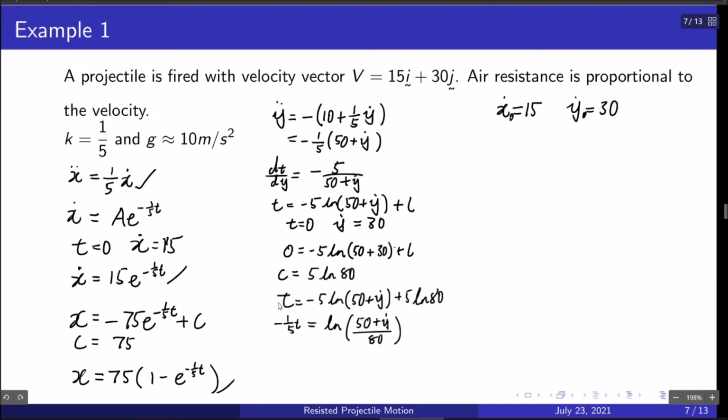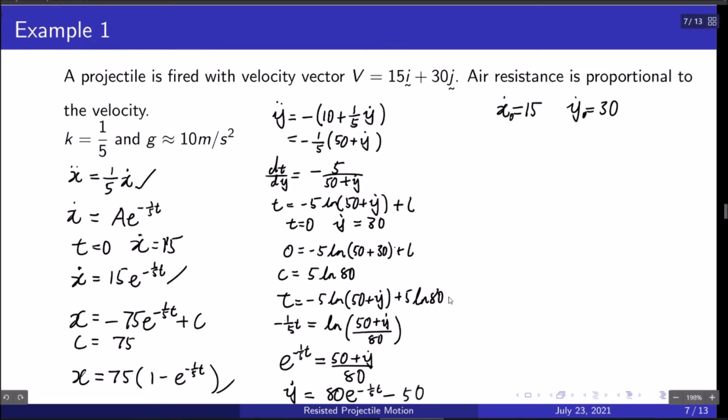We multiply both sides by negative 1/5, so the sign reverses, and then e to the power of negative 1/5 of t equals 50 plus y dot over 80, which means y dot equals 80 e to the negative 1/5 of t minus 50.